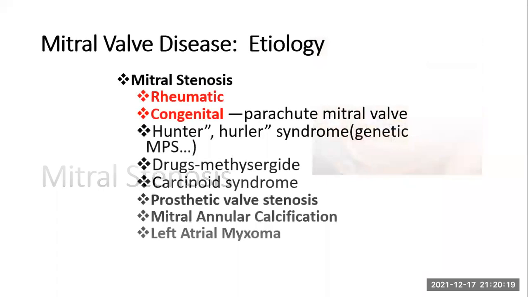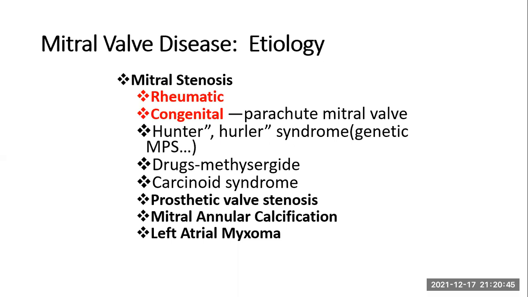mitral stenosis. We have several etiologies of mitral stenosis. Most commonly in the pediatric population, it is rheumatic or congenital. We have some genetic syndromes like Hurler syndrome, which is a mucopolysaccharidosis syndrome. It could be drug-induced, and in drug-induced cases we also have thickening of the mitral valve.